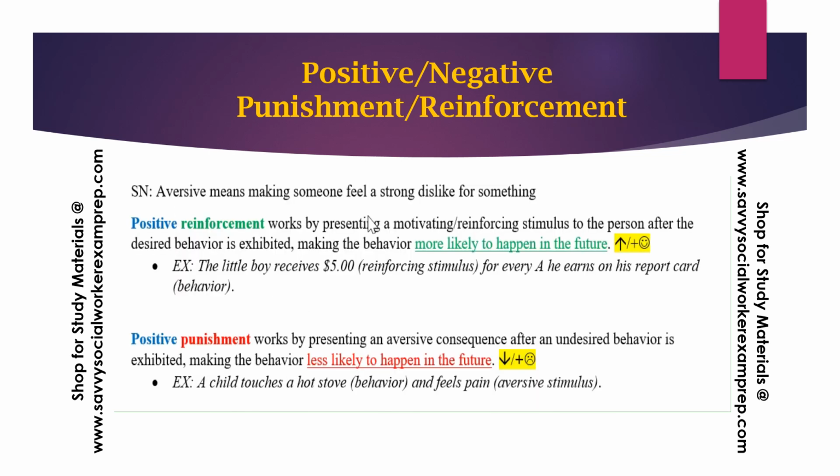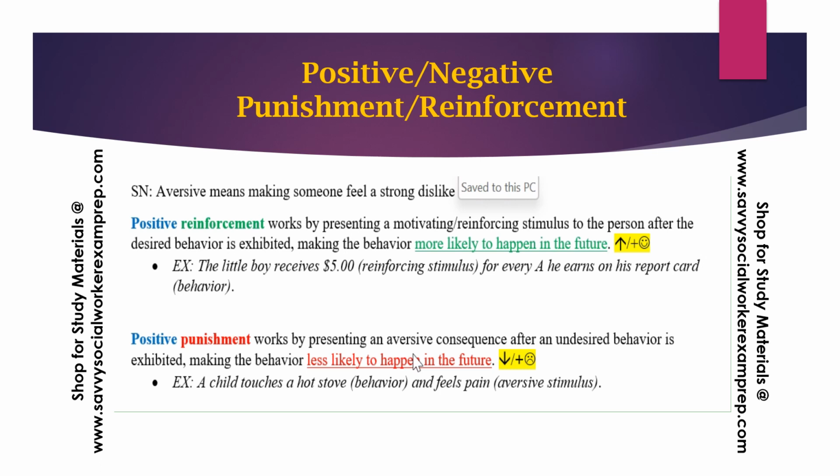Okay, so positive punishment: the stimulus is positive, which means we are adding something, whether it be something good or negative or aversive. We're still adding. So remember, positive means we're adding. Positive punishment works by presenting an aversive consequence after an undesired behavior is exhibited, making the behavior less likely.